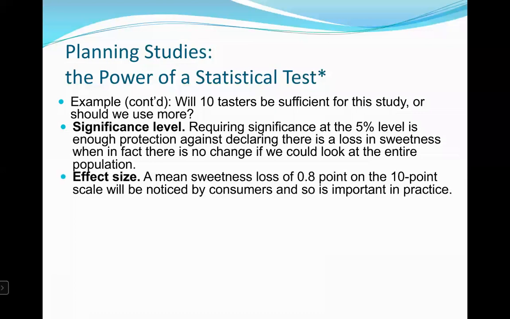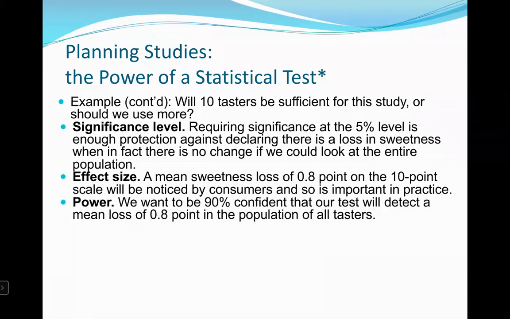A mean sweetness loss of 0.8 of a point on the 10-point scale will be noticed by consumers, and so is important in practice. Power. We want to be 90% confident that our test will detect a mean loss of 0.8 point in the population of all tasters.